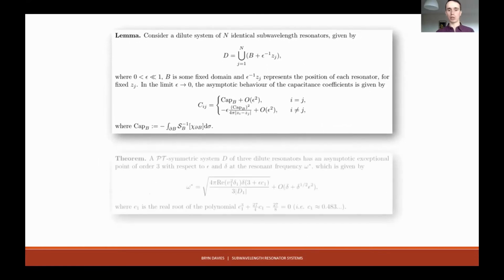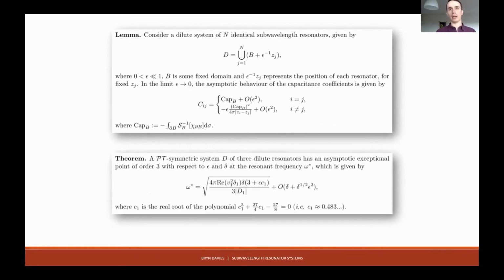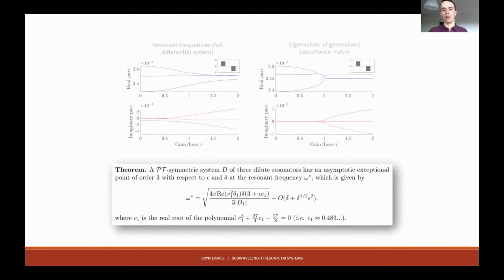And with this result in hand, we're able to prove the following statement, giving the existence of a third order exceptional point in a PT symmetric system of 3 resonators. Once again, it's informative to look at the corresponding numerical simulations.